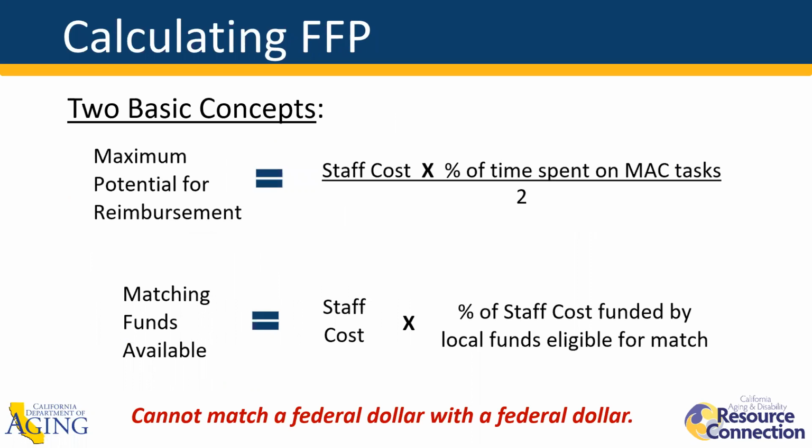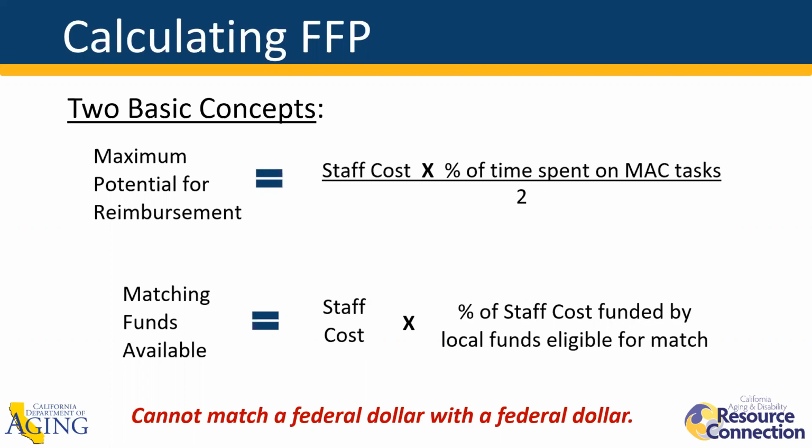Okay, so we have a general understanding of the types of ADRC activities that are claimable under MAC. Now we're going to get into how this translates into actual reimbursement. So in order to calculate FFP, there are two basic concepts you need to understand.